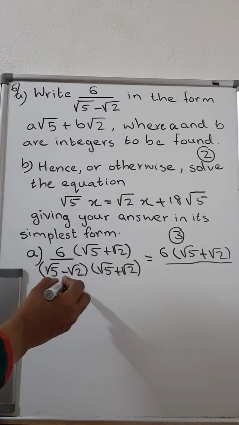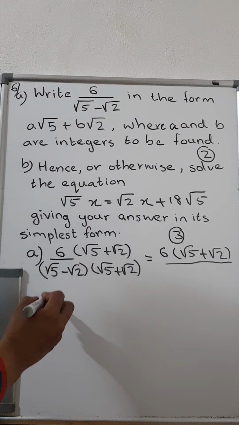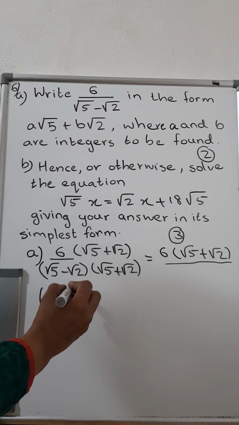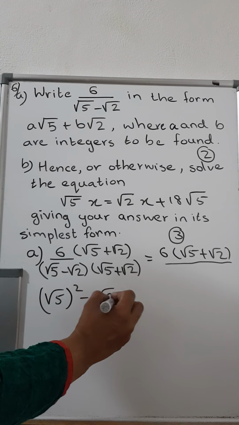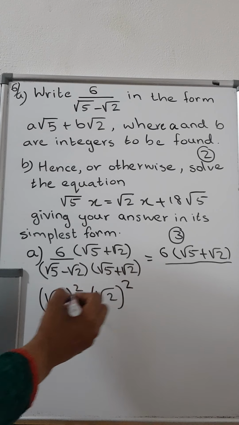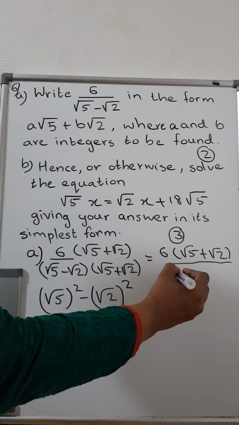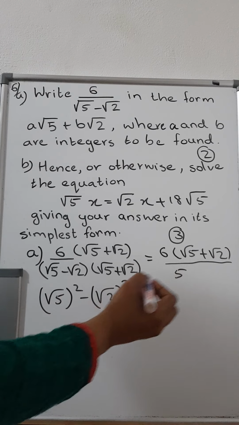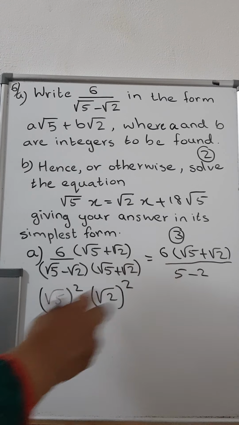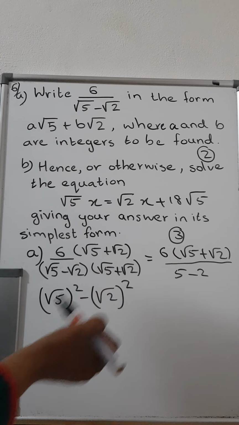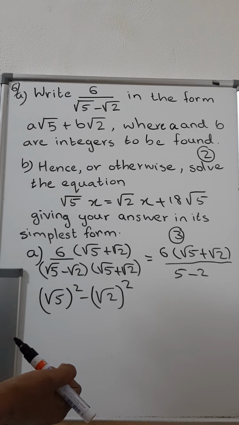This is in the form a minus b times a plus b. So a square, that is root 5 the whole square, minus b square, root 2 the whole square. Root 5 the whole square is 5 minus 2. See, 5 minus 2 is how much? 5 minus 2 is 3.